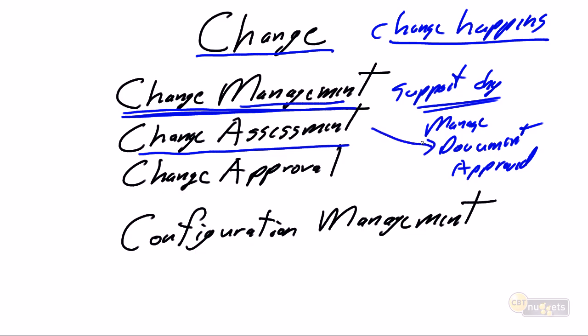We need to identify the impact to the time, to the dollars, to the scope, to everything else associated with our project, and then we need to present it to the customer and get it approved. Change is inevitable, so we need to manage the change and allow change to happen in a controlled fashion.